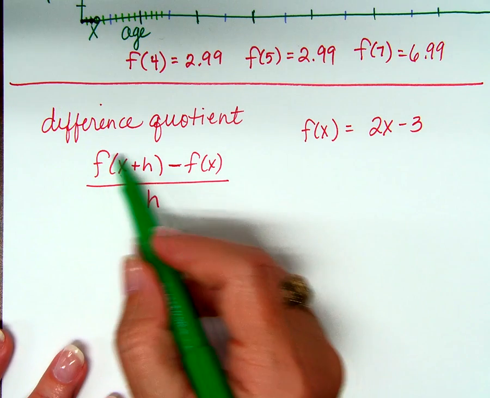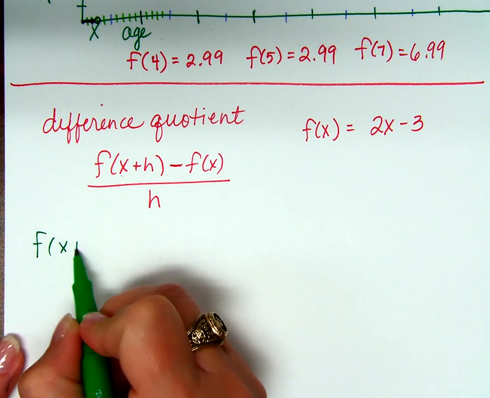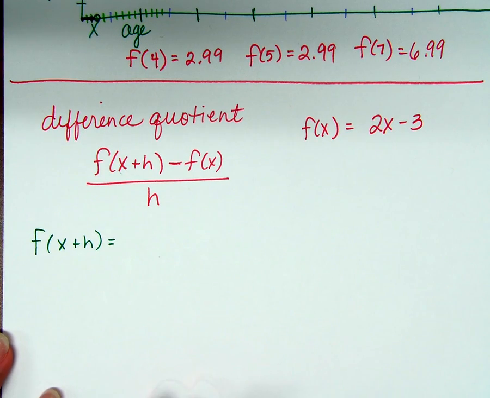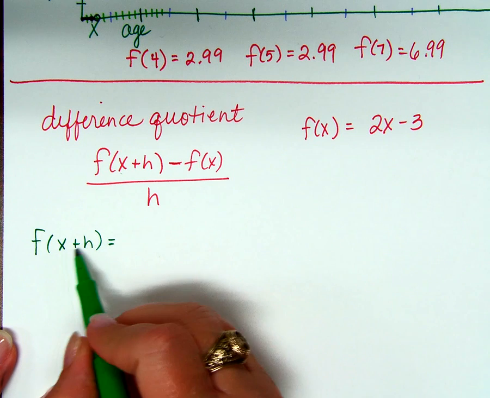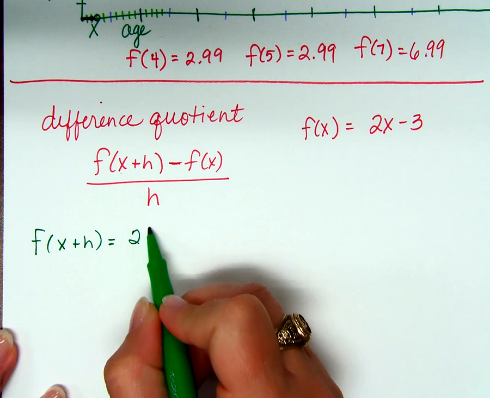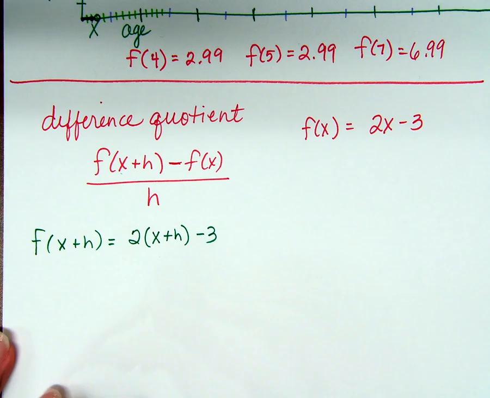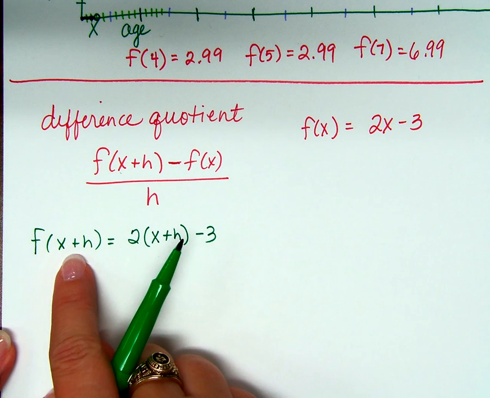I'm going to do them all separately, and then we'll put them together. So if f of x equals 2x minus 3, f of x plus h is going to be 2 times x plus h, minus 3.